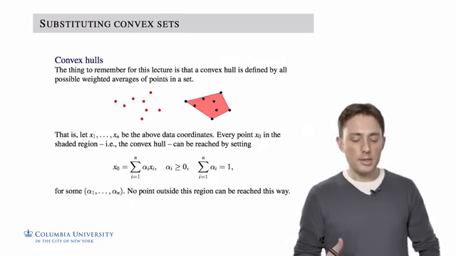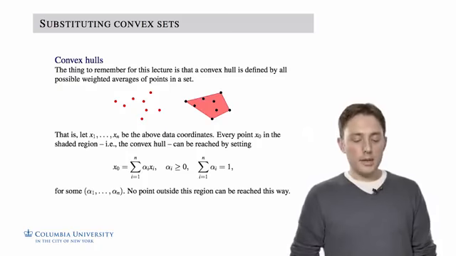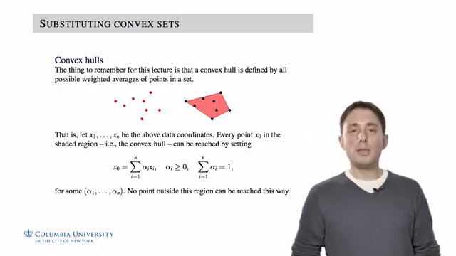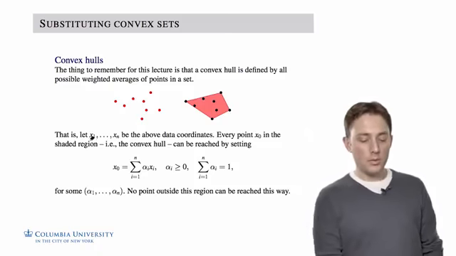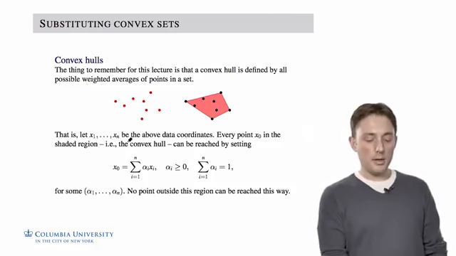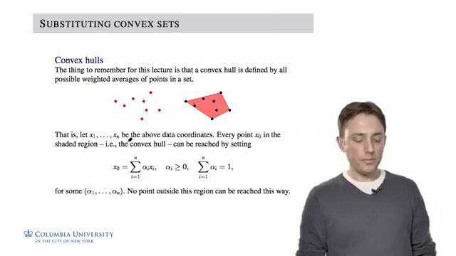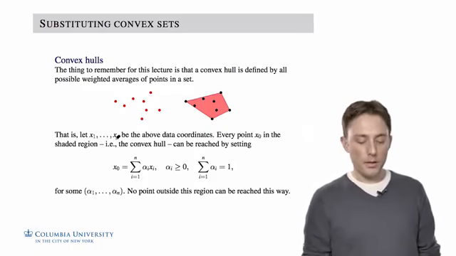Mathematically, what it means is that the convex hull of a data set is all points that can be reached by taking weighted averages of the data. So let this data set in this red class be x1 to xn. These are n two-dimensional points.